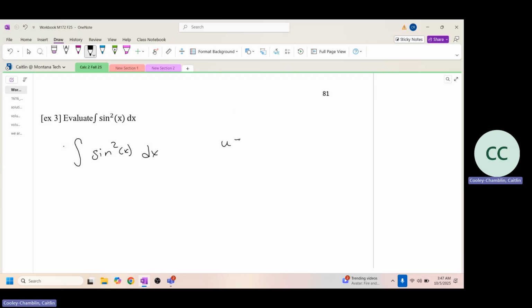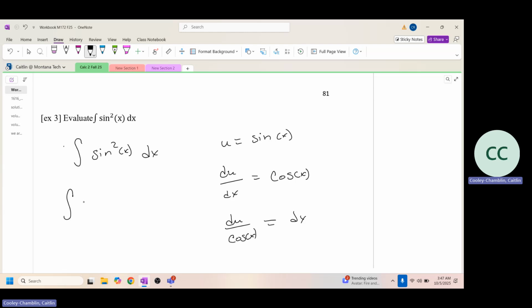If we let u equal sine of x, du over dx is cosine of x. A lot of people will say, well, can't we just say the even one is going to be our u? That doesn't always work, and here's why. So du over cosine of x equals dx.